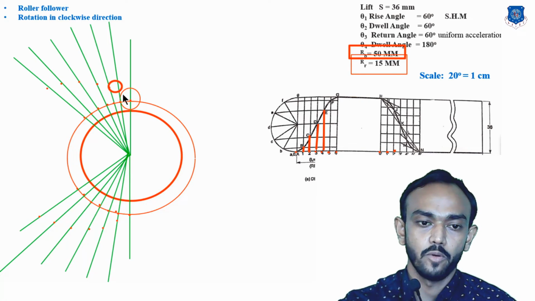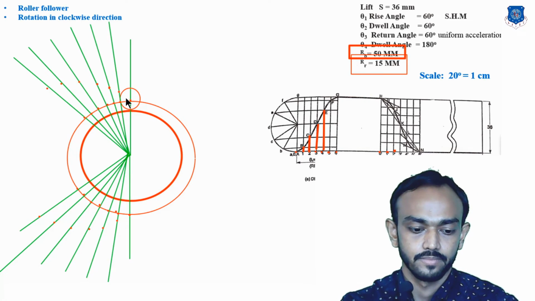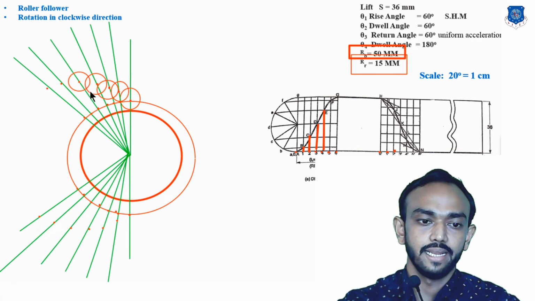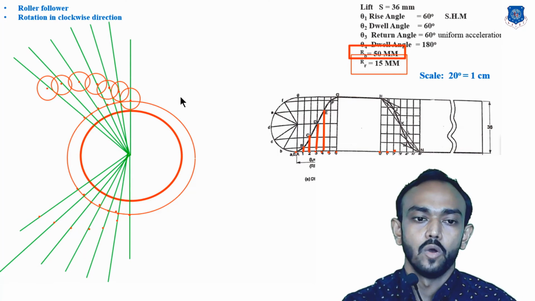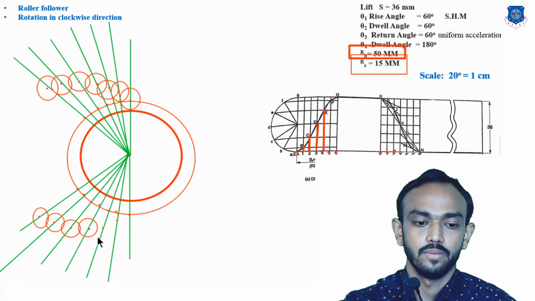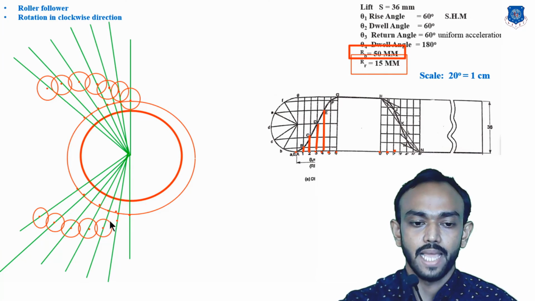The center will be on the line and the radius is 15 mm, and we make the circle at every point. Now same will be here, a circle at every point with a compass and the center will be on the line. So this type of circle you will get at every point here.